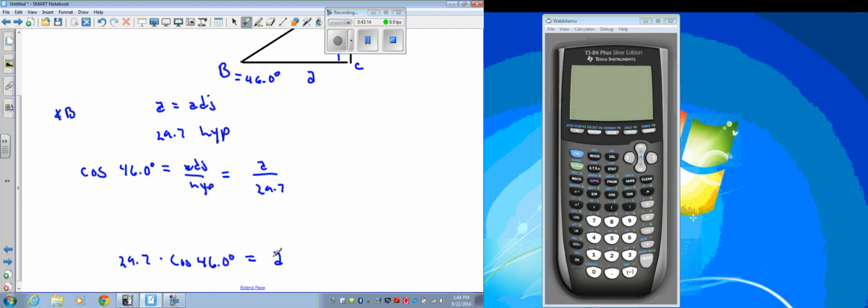You see why? I'm trying to say the information that is available, and when I'm trying to calculate something, I have to figure out what trig function I'm going to use. So now I'm going to go 29.7, and then cosine 46.